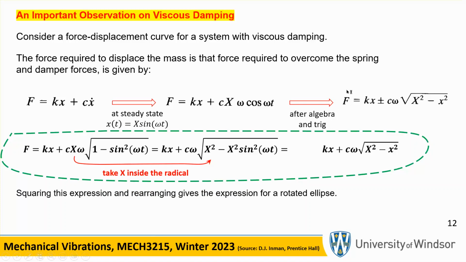If I take Kx to the left side and square both sides, the square root is going to go away, and we're going to get this. You take F minus Kx, square it, you get basically F squared minus 2kx times F, which is right here, and then do a cleanup, you get this.